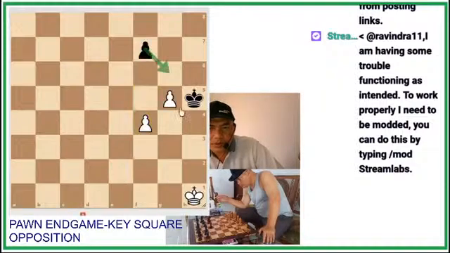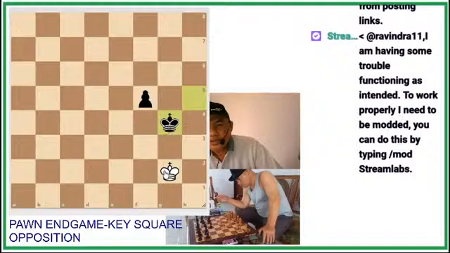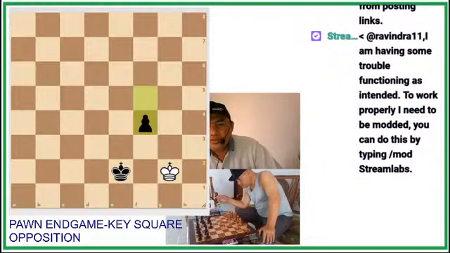So after this move, pawn takes and this takes, then of course white cannot go here, as we know that black will have the opposition, and when white goes here, also black will have the opposition. Yes, and as we have seen before, this is winning for black. Then this pawn will be promoted.